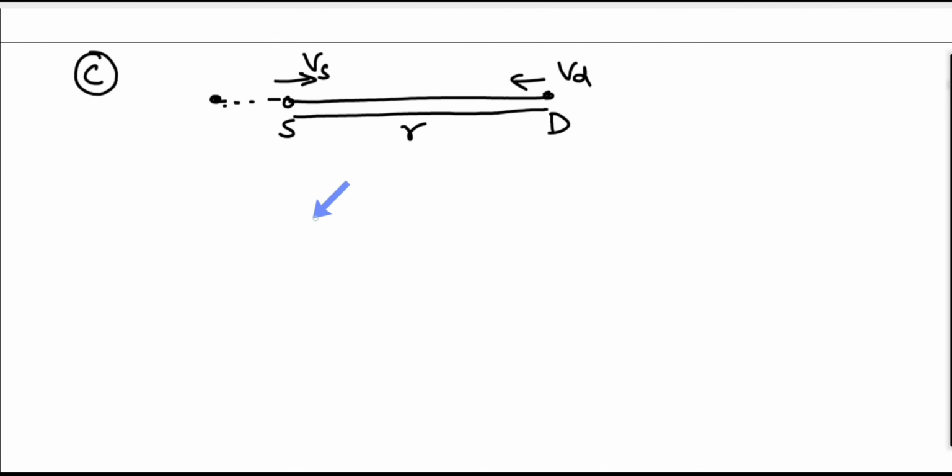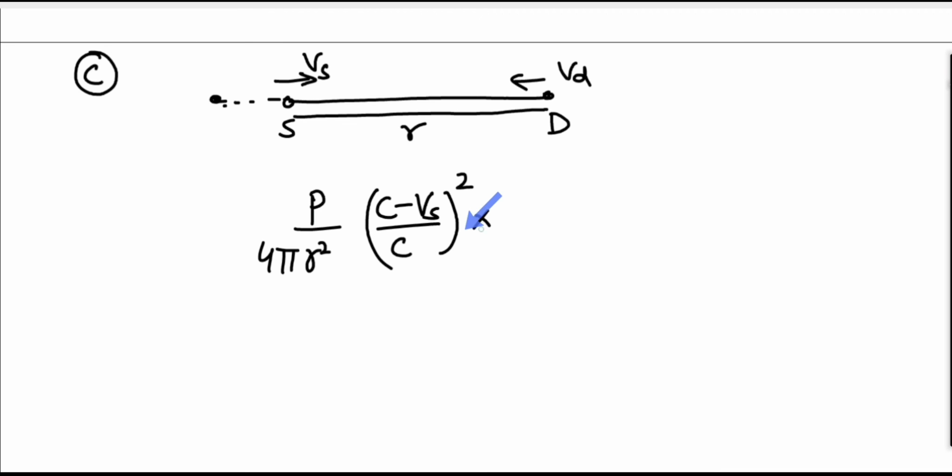So we'll use the same formula again, that is going to be intensity p by 4 pi r square (c minus vs by c) whole square, and then multiply it by the time ratio t by t naught, or simply f by f naught.